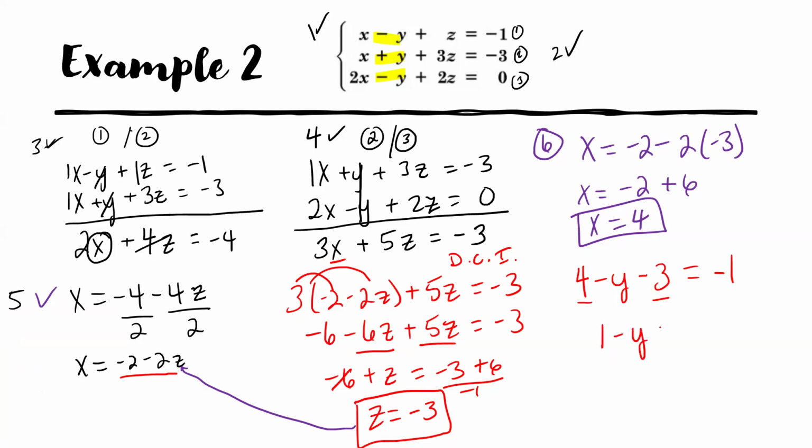So we have 1 minus y equals -1. What is y? I would have to subtract the 1 and divide by -1, which makes y equal to 2.